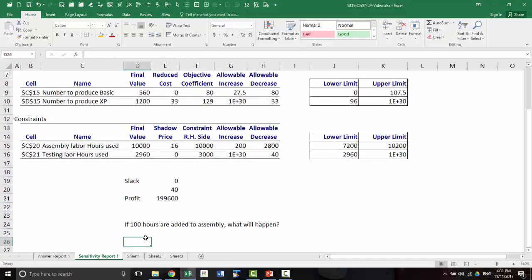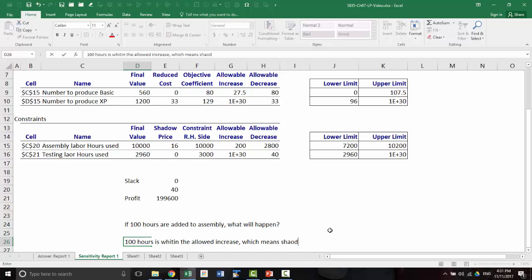First thing to do is to see whether it is within the allowable increase. So 100 hours is within the allowed increase. That's the first thing you need to know. Which means the shadow price of $16 is valid.